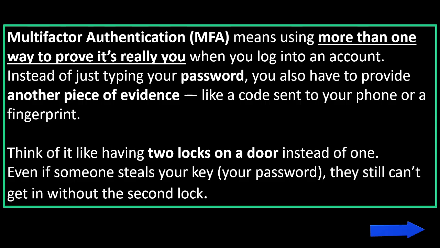Think of it like having two locks on a door instead of one. Even if someone steals your key, your password, they still can't get in without the second lock. So MFA gives you two locks. One is your password, the second is your code, which it sends to your mobile.